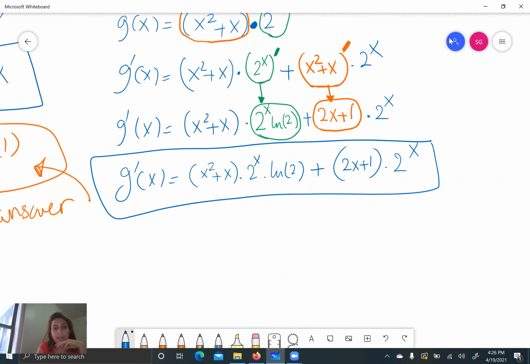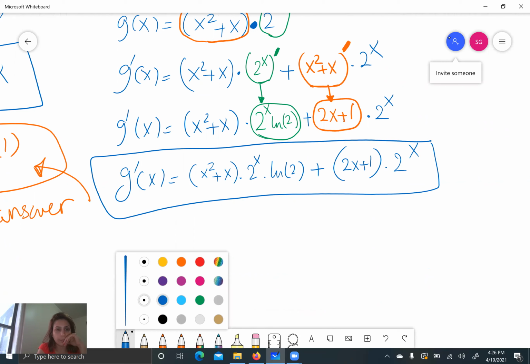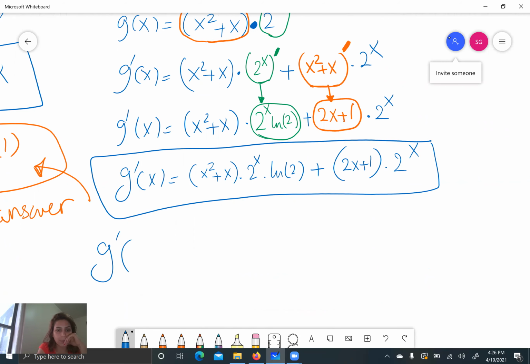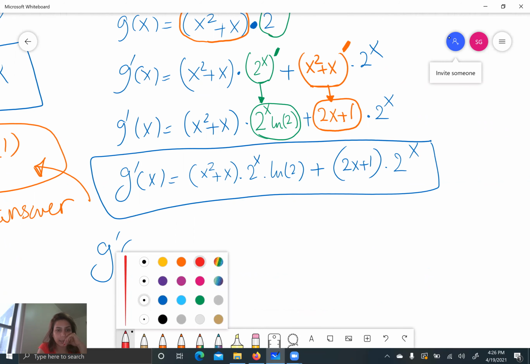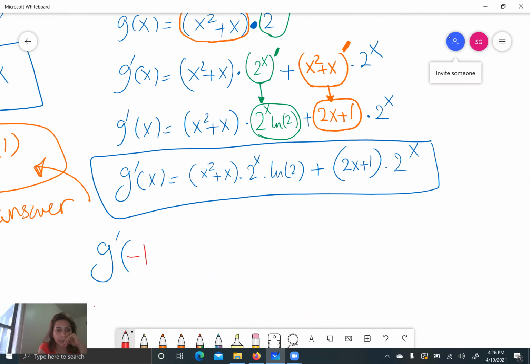So for x, you just need to substitute -1.